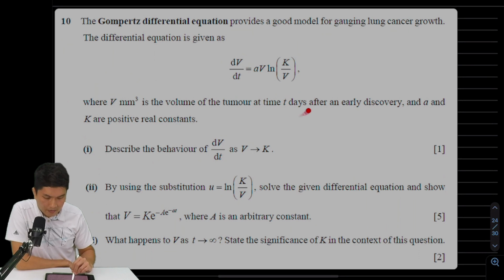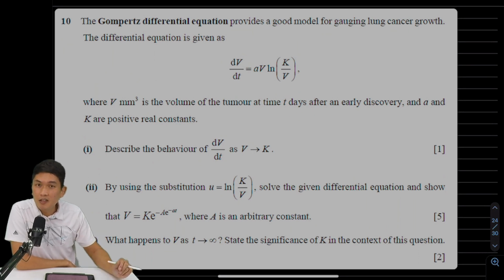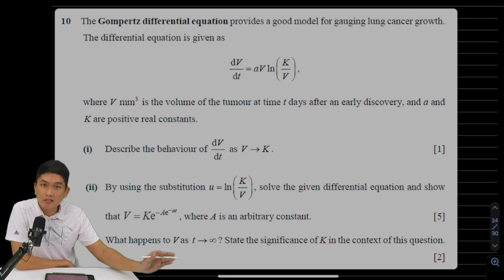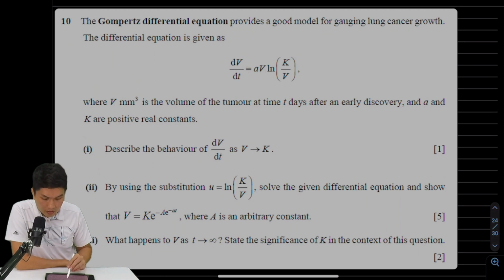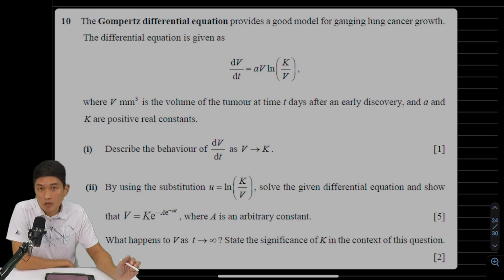Although it seems like time is in discrete steps, again, we could do like 1.328 days, it's still considered continuous. Okay, so dV/dt is the rate of change of the volume of the tumor, right? How much your tumor is growing or shrinking, right? It's modeled by this equation over here: some constant A times the volume times natural log of K over volume, where A and K are positive real constants.